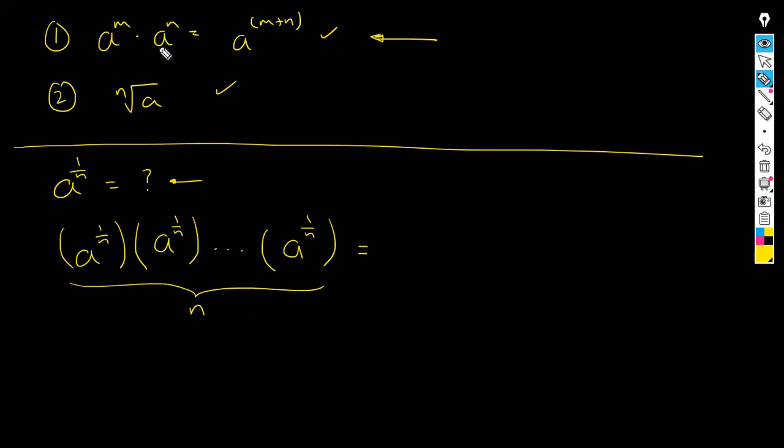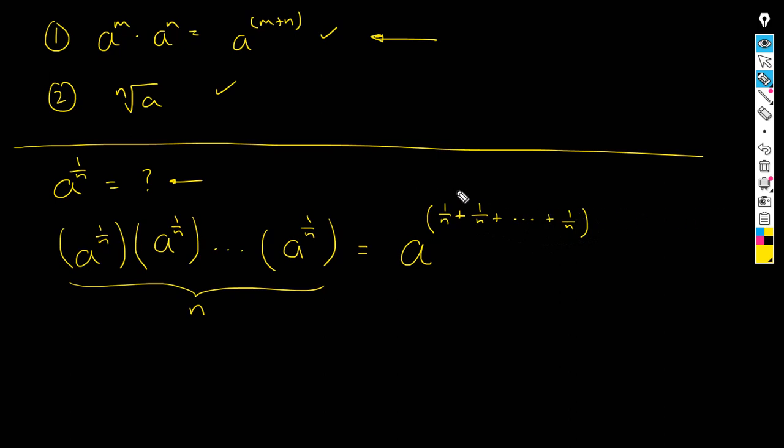Because we have the multiplication of numbers with exponents that have the same base, the same number being multiplied by itself. So this is going to be equal to a raised to the 1 over n plus 1 over n plus etc. plus 1 over n.